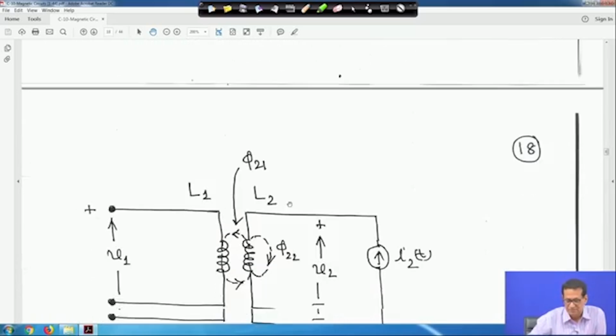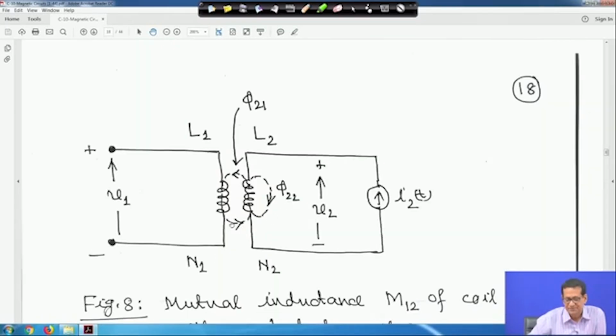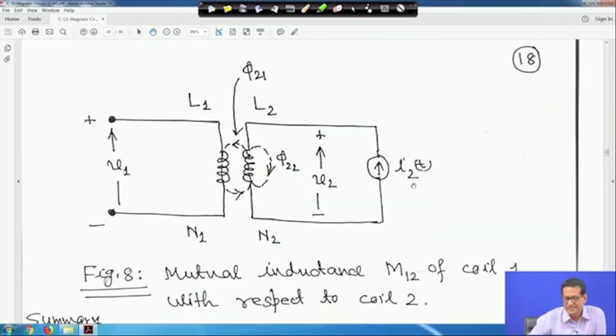So now similarly, suppose this side is excited by current I2, and this side it is your V1, L1, L2.